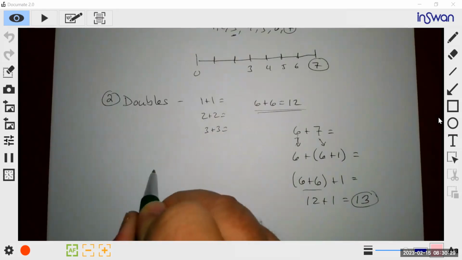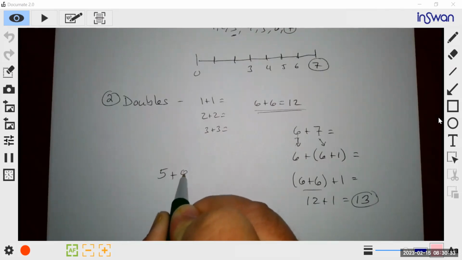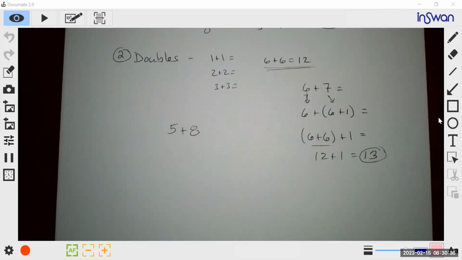Let's try that one again. 5 plus 8. Do that one using doubles.